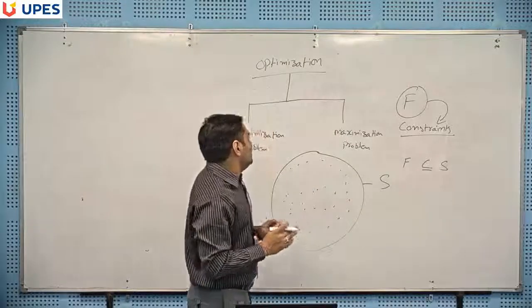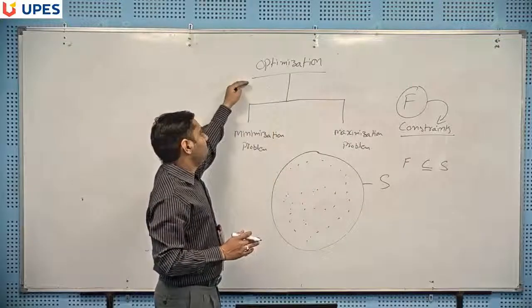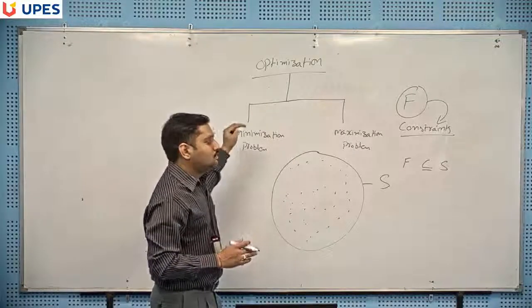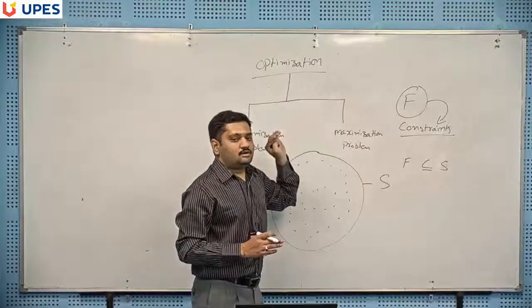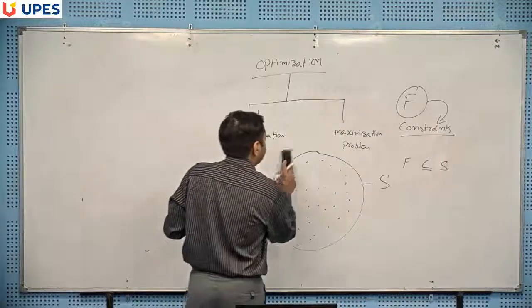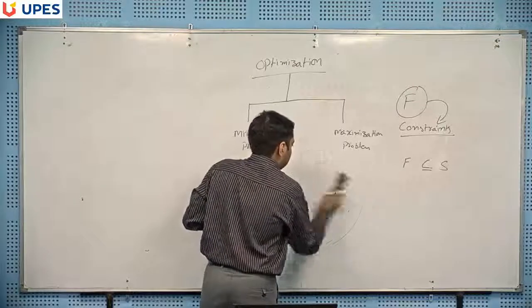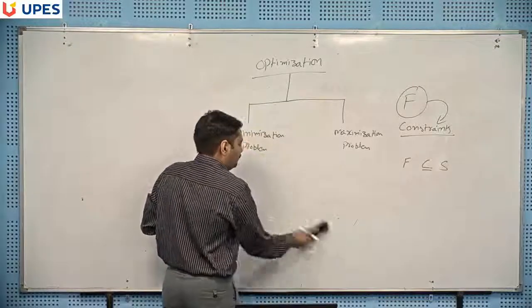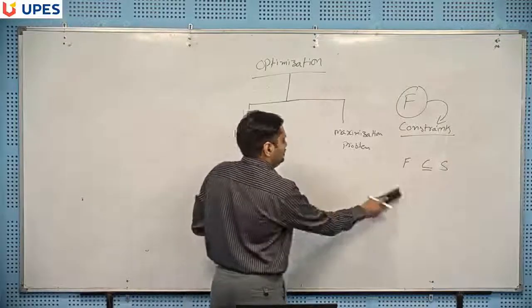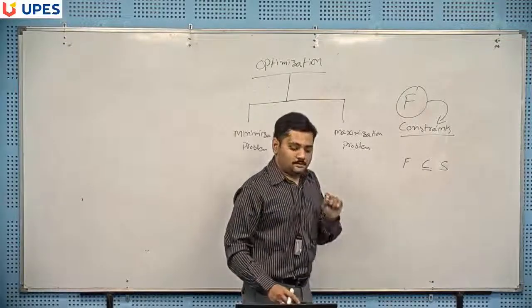As we discussed earlier, in optimization problems we have two classes of problems. One is the minimization problem, the other one is the maximization problem. Let us say you are finding a solution for a problem where you need to find the optimized cost.